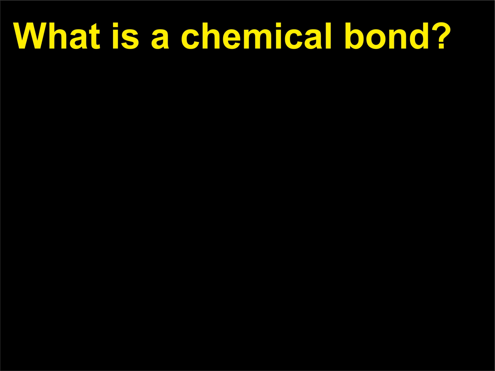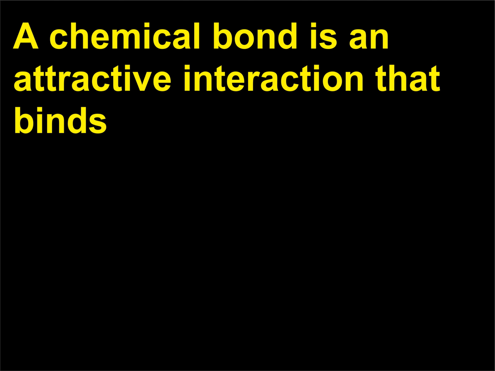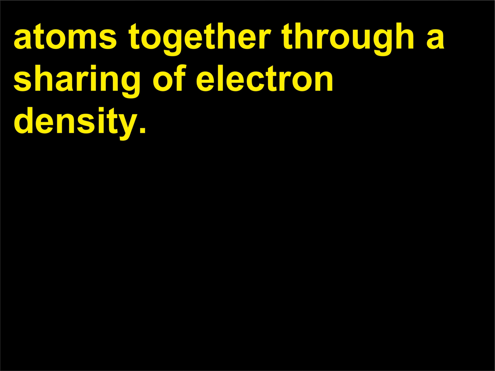What is a chemical bond? A chemical bond is an attractive interaction that binds atoms together through a sharing of electron density.